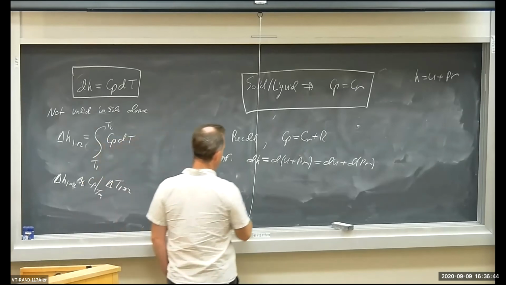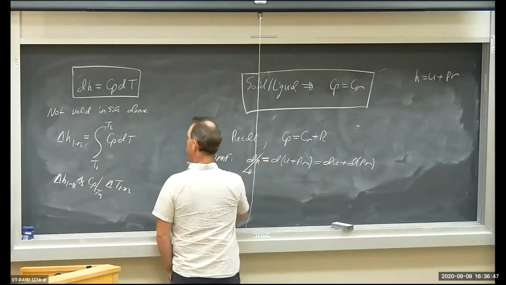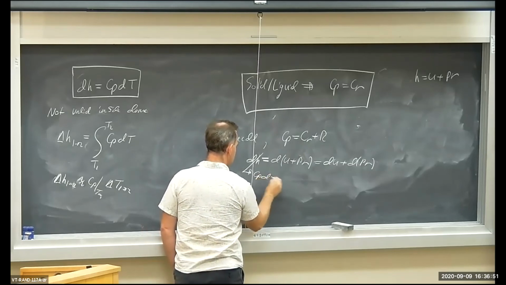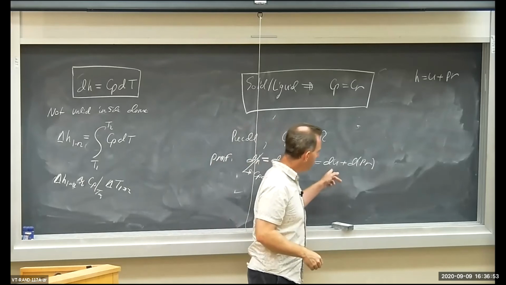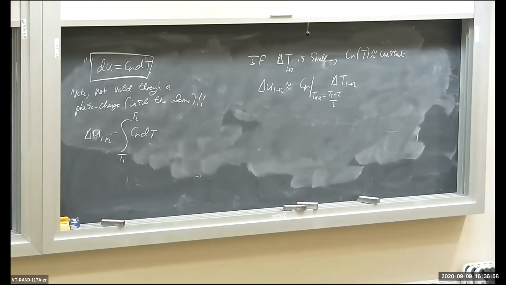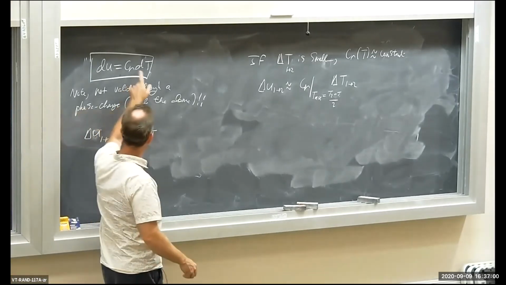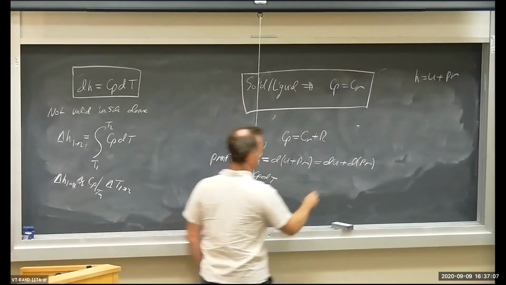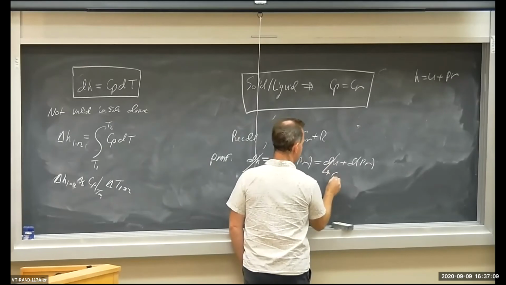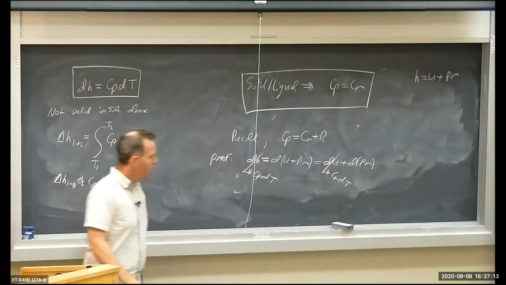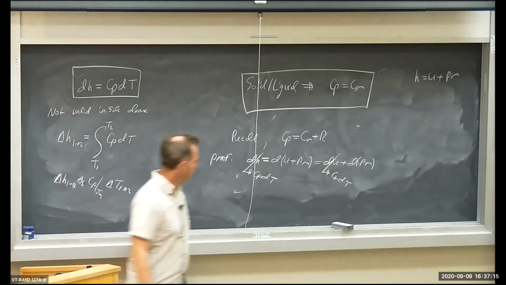Now, dH is equal to Cp dT. dU is equal to Cv dT. So let me write what I've got.